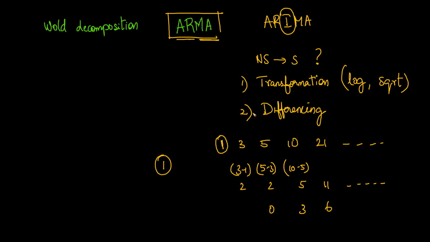If differencing is not working, you could try the transformation approach. Taking a log. For example, this doesn't seem to be approaching stationarity itself. But if you take a log of the series, this seems to be exponentially increasing, right? If that is the series, taking a log of that series will make it stationary. And making it stationary is necessary for you to use the autoregressive moving average. This will help you understand the behavior or the nature of the series. And by understanding the nature, you will be able to forecast it into the future also.